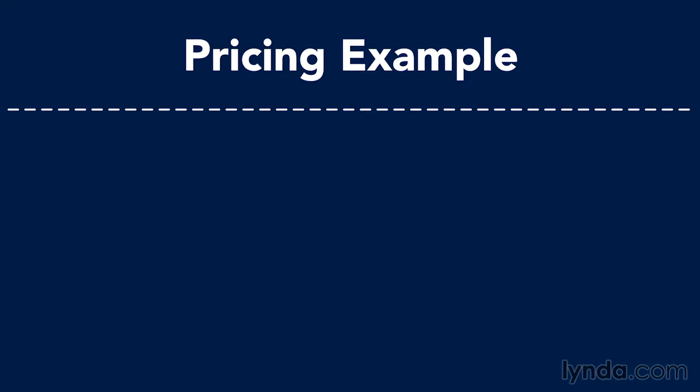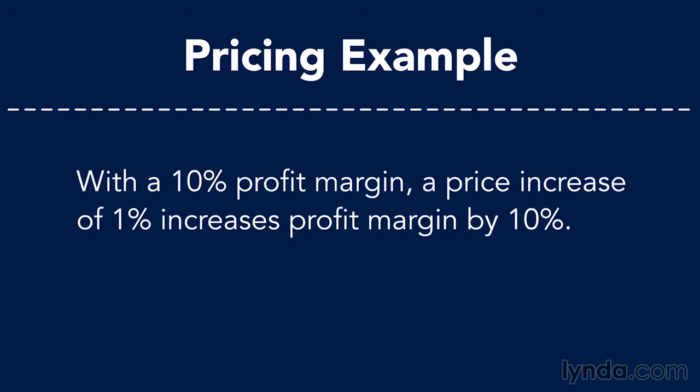Pricing is one of the most critical decisions you're going to have to make, and your business plan needs to spell out your pricing model as clearly as possible. You need to understand even a 1% differential on pricing can have a disproportionate impact on your total profitability. Let's assume your business has a 10% profit margin.